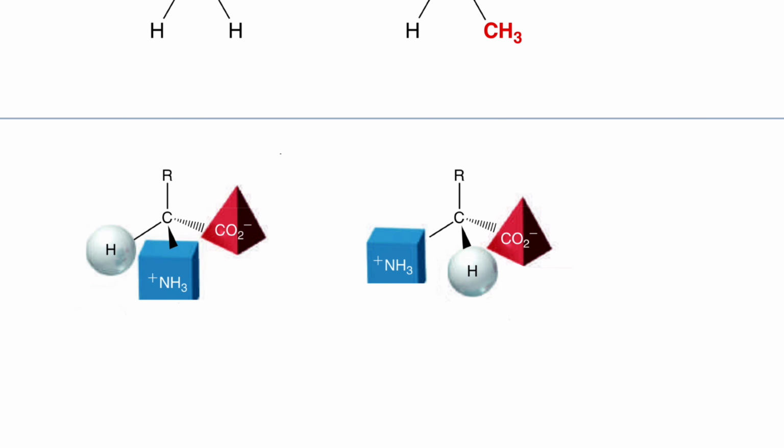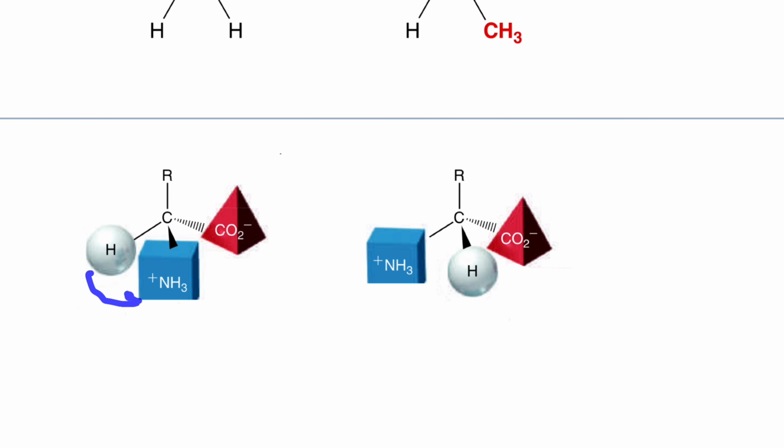And here one last example let us take. Here we have a carbon with four different groups. One is an alkyl group, hydrogen, NH3 plus and COO minus. You can see here the alkyl group is in the plane, here also the alkyl group is in the plane. COO minus is below the plane, COO minus below the plane. But here NH3 plus is above the plane and hydrogen is in the plane.